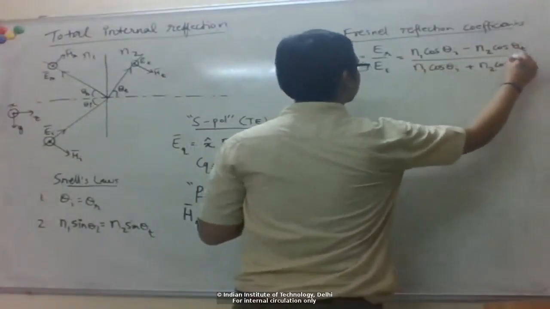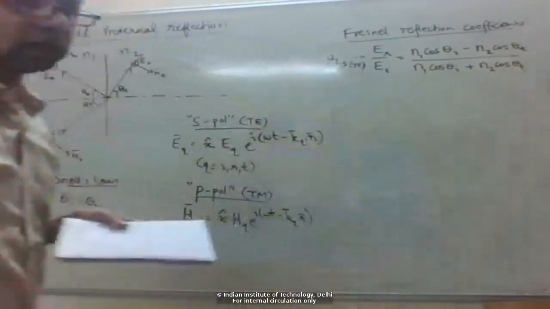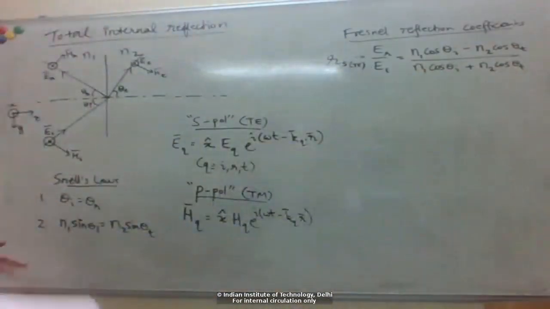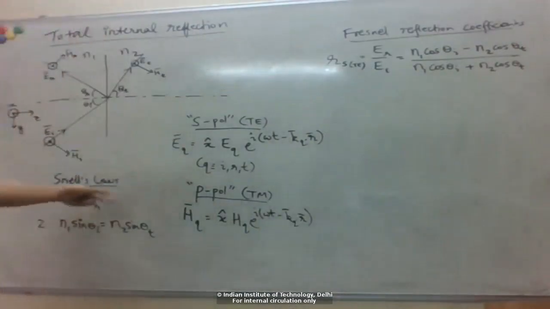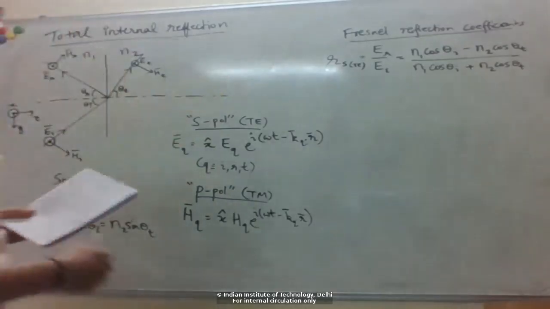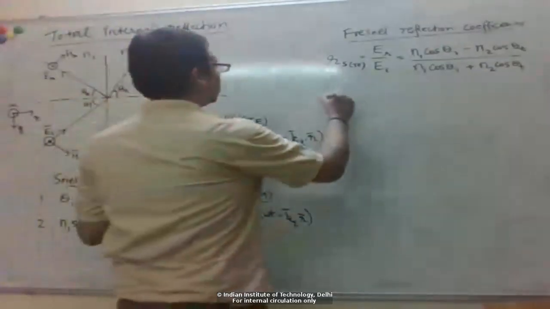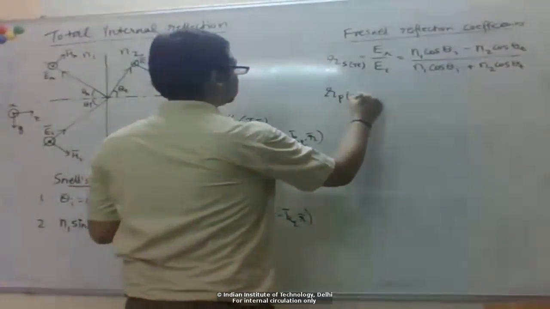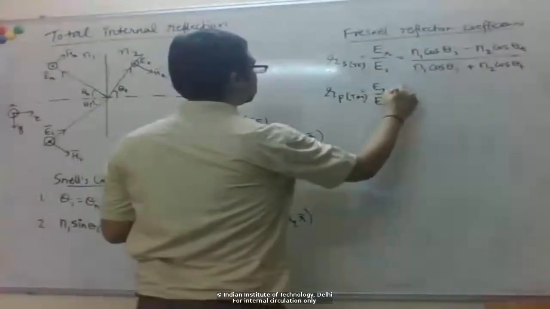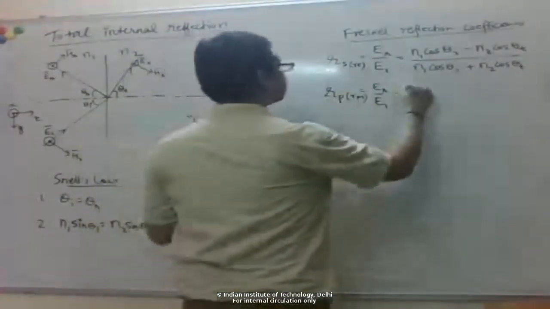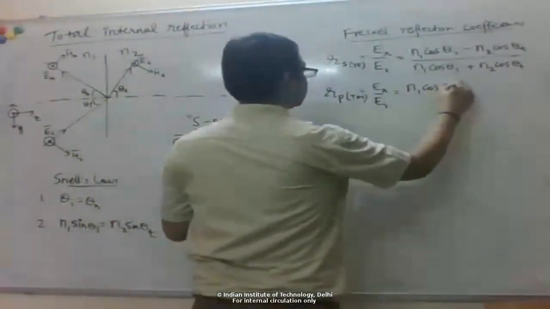In case this is not familiar or you've forgotten it, I would encourage you to go through this again, match the boundary conditions and derive these. And then for the P polarization, the reflection coefficient is slightly different.